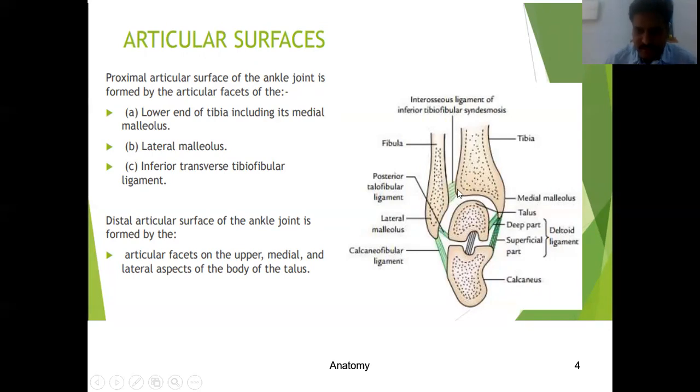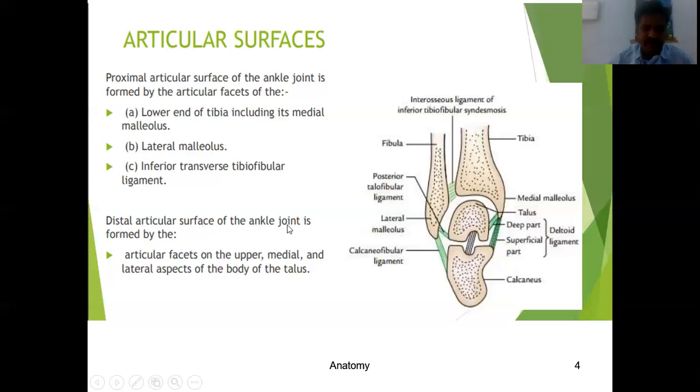You can see the syndesmosis, the inferior tibiofibular joint, along with the lower end of the fibula. Of course, there we are forming the tibiofibular mortise. Mortise means any structure that interlocks with another one, thereby it becomes more stable. So that is called mortise.